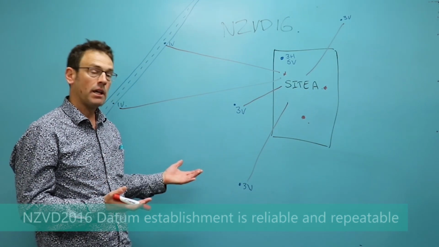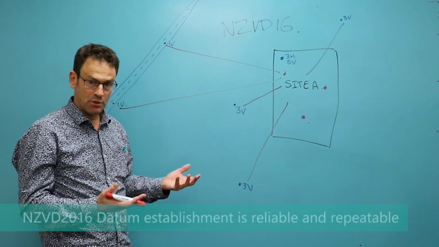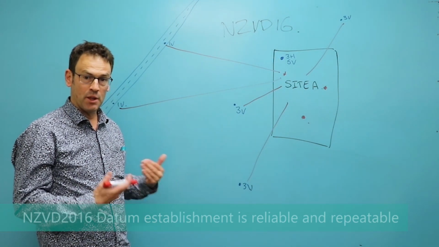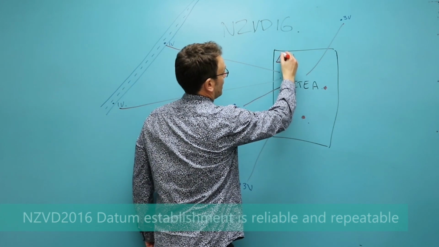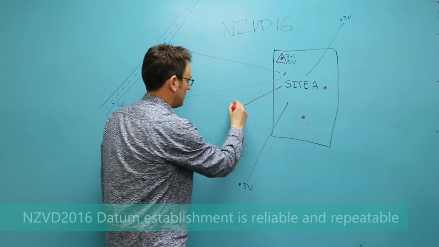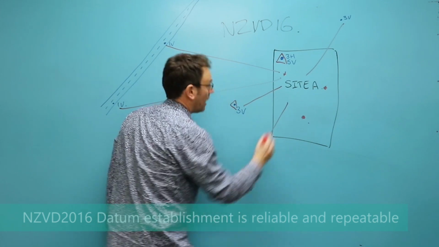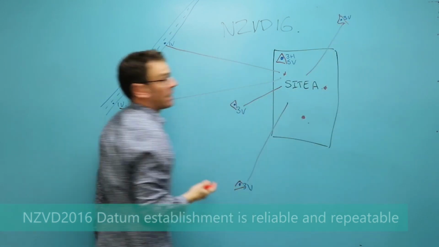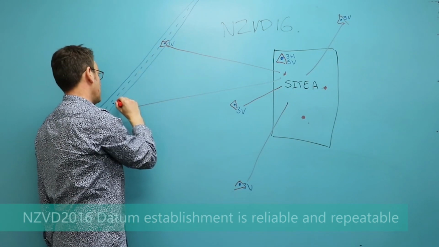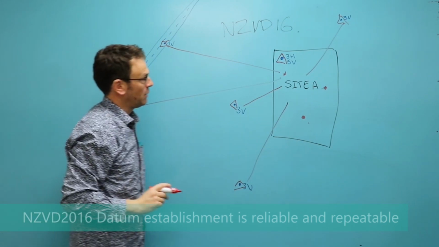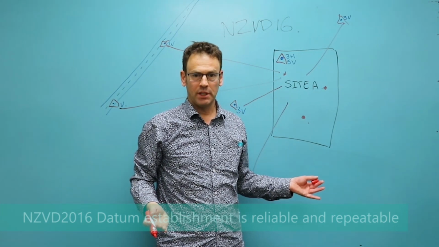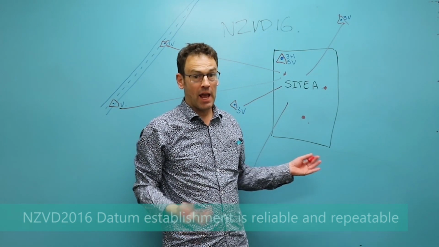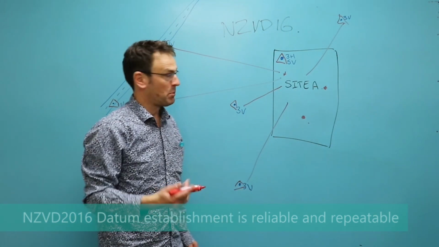So any mark which is part of the 2000 network can be the benchmark for your job. So all of a sudden, this mark, this mark, this mark, this mark, and potentially even these marks, if they were part of the GD2000 network, are all equally valid ways of establishing the datum on that site, and both reliable and repeatable.